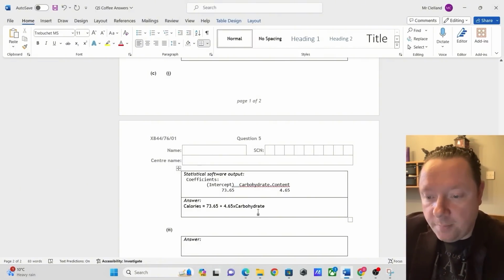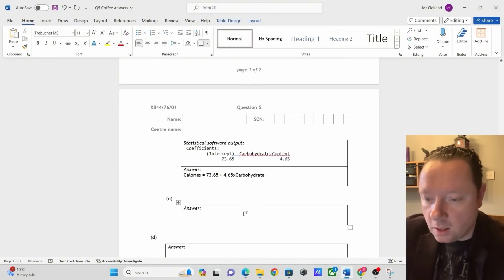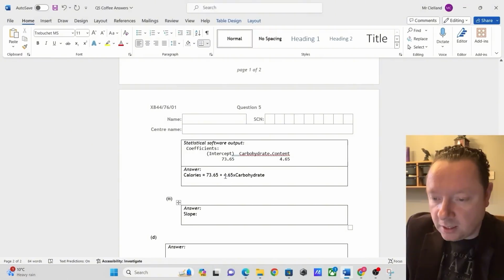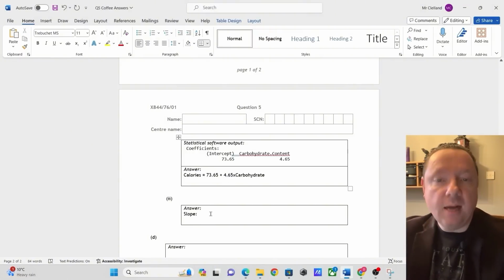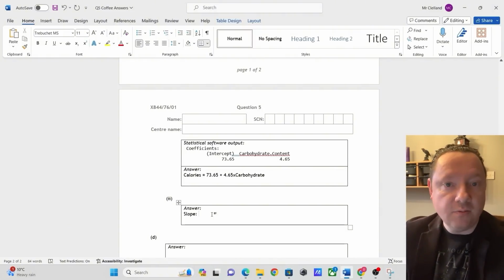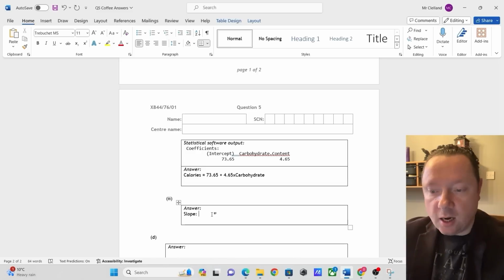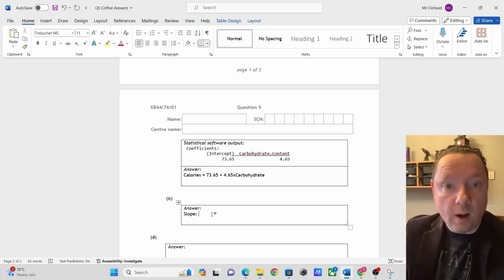And we have to interpret what that means. So let's look at the slope first. So this is this number here, 4.65. That's what we call a gradient in maths, and that tells you that if you go along 1 on the x, you go up 4.65 on the y. So the x is carbohydrate content, and the y is the calories.